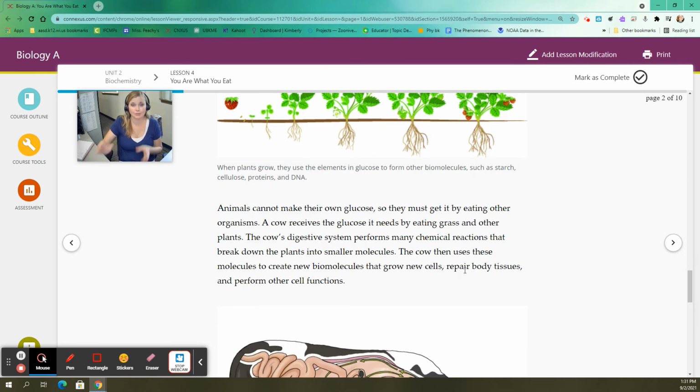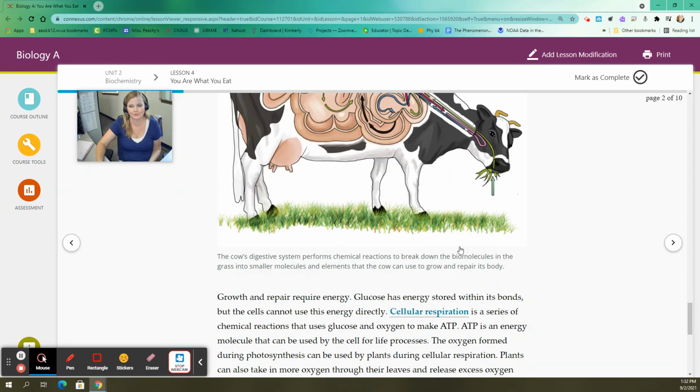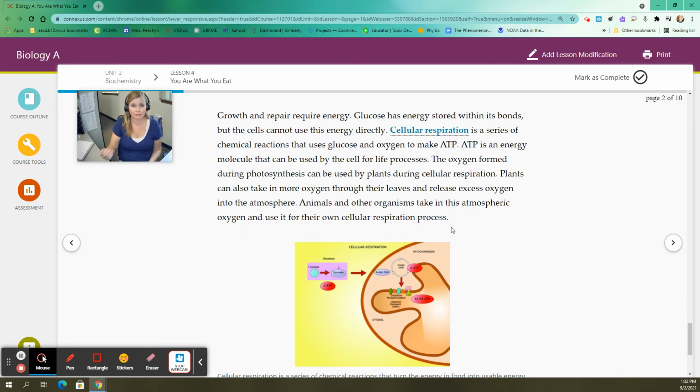So when glucose is broken down into pyruvic acid, and that's broken down even further using part of that cellular respiration cycle, you can extract energy and use that energy to make a smaller molecule called ATP.